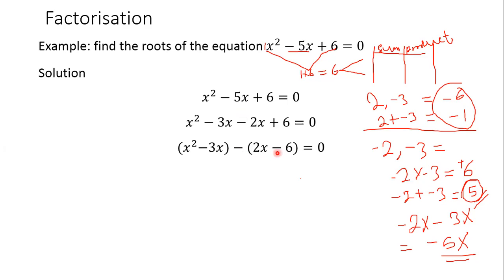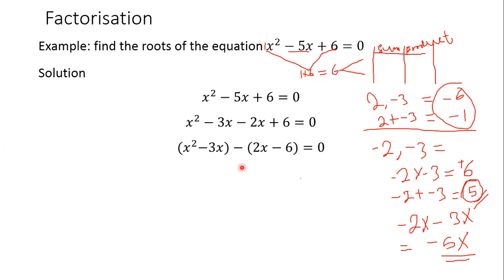But if we had left it as positive 6 here, and we open these brackets, negative times positive would give us a negative, which changes the what? The original equation.